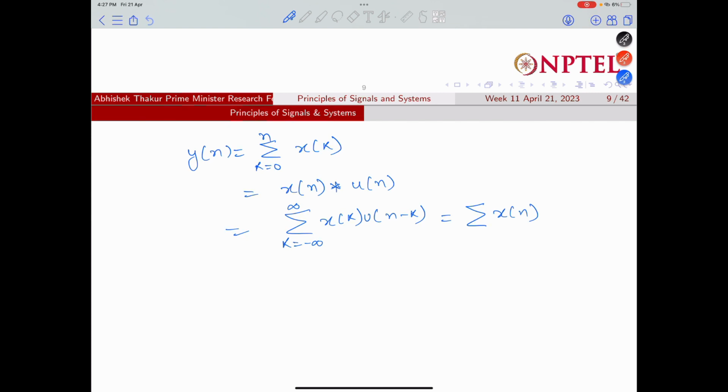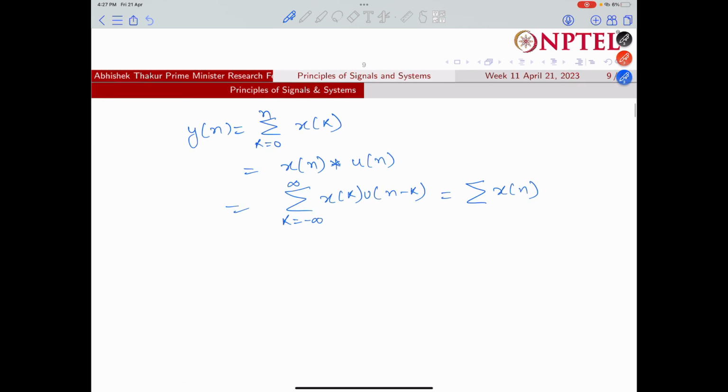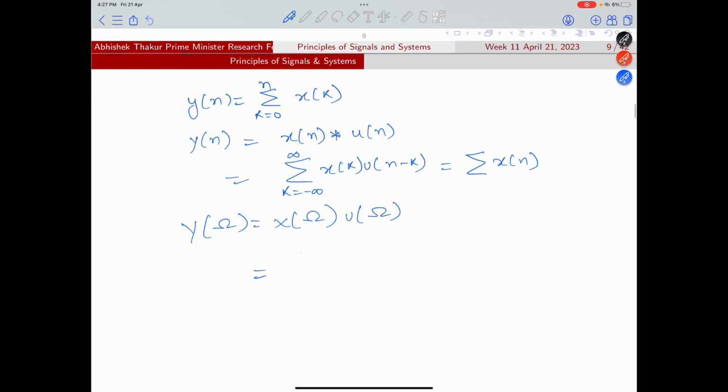So now if you take the DTFT on both the sides of that equation, we will get Y of omega equal to X of omega into U of omega. We all know the DTFT of u, which we have already derived before, that is pi del omega plus 1 by 1 minus e to the power of minus j omega.